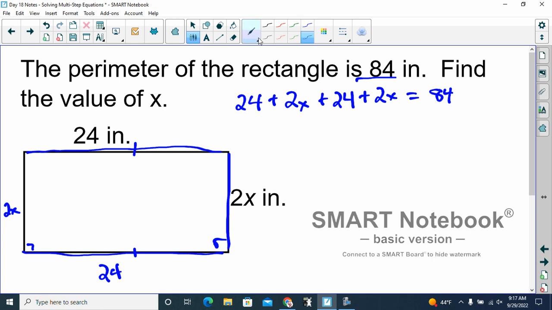And now we solve this equation the same way we just did those previous problems. Start by distributing. We don't have anything to distribute. Combine like terms. 2x and 2x, that makes 4x. 24 plus 24 is 48. And solve your two-step equation.